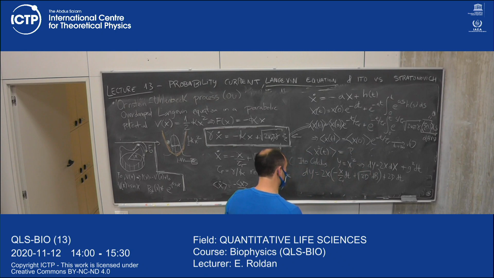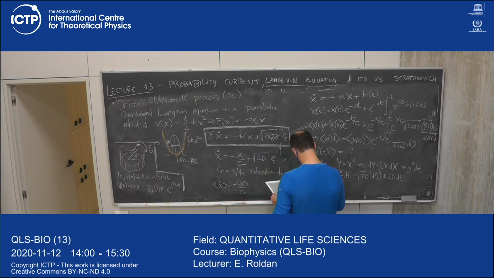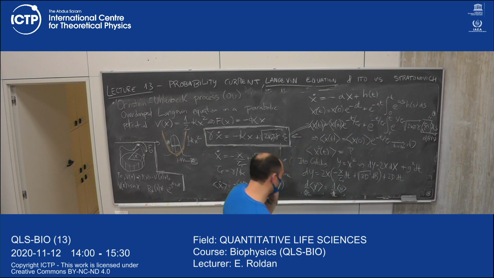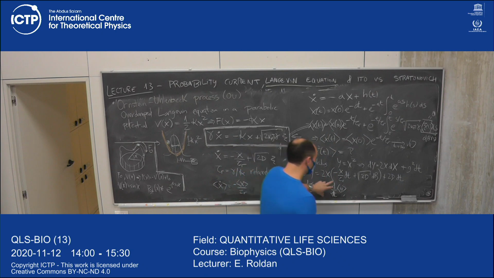Now you see it, because if I want to know how much it's changing x squared, this will be d/dt of the average of y. So d/dt of the average of y, on average, I will average, so dB will have average 0, even though it has something stochastic.